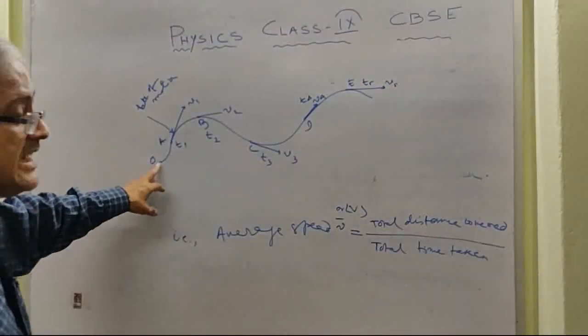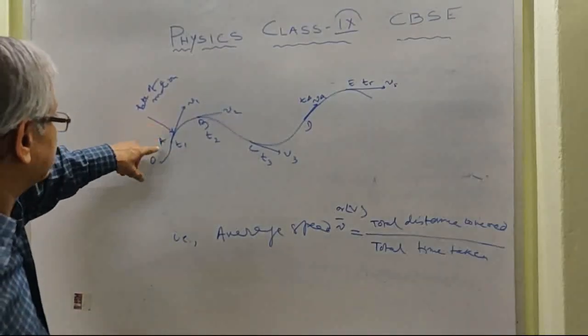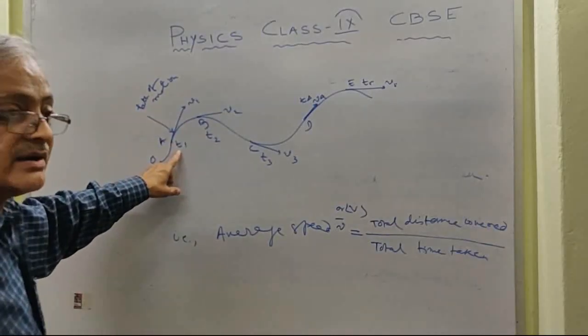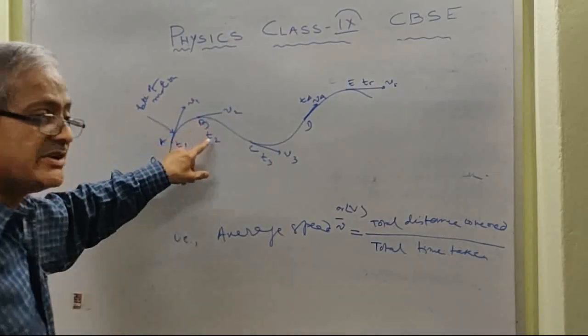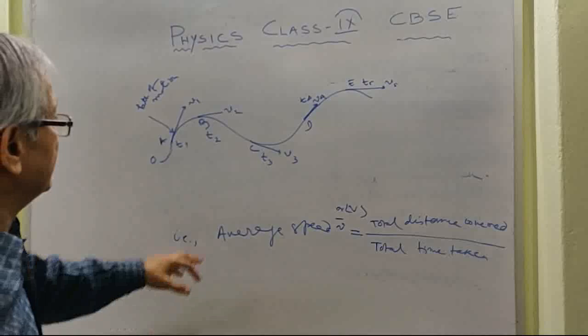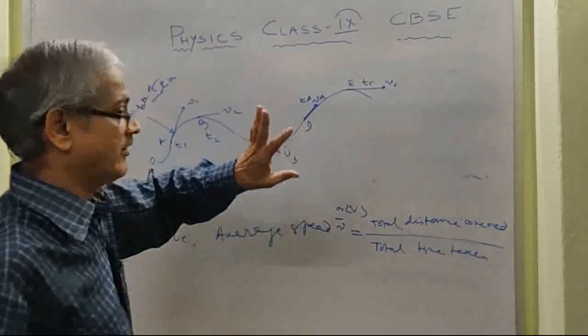That is, starting from O, it reaches A with velocity v1 and takes time t1 to attain velocity v1 at A. Similarly, it takes time t2 to attain velocity v2 at B, time t3 for velocity v3 at C, and so on.